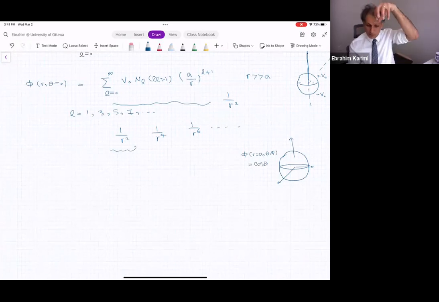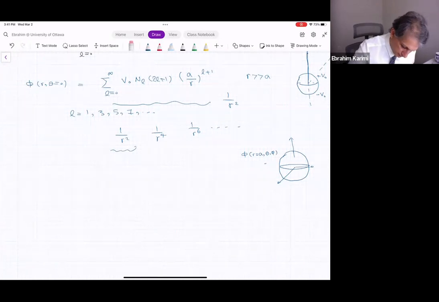Let's look at the dimensionality, because I have to have the proper dimensionality. Phi at the surface of the sphere A is equal to V0 cosine of theta.